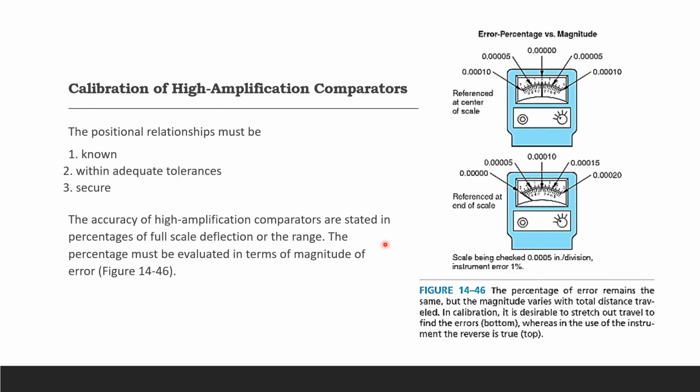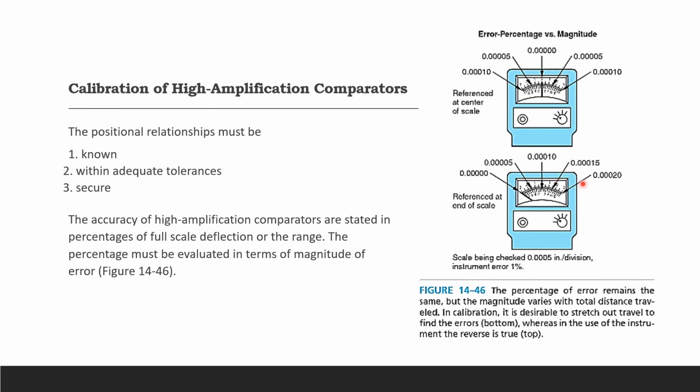The accuracy of high amplification comparators is stated in percentage of full scale deflection or the range. So the percentage must be evaluated in terms of magnitude of error. You can see the error percentage versus magnitude. The percentage of error remains the same, but the magnitude varies with total distance of travel.